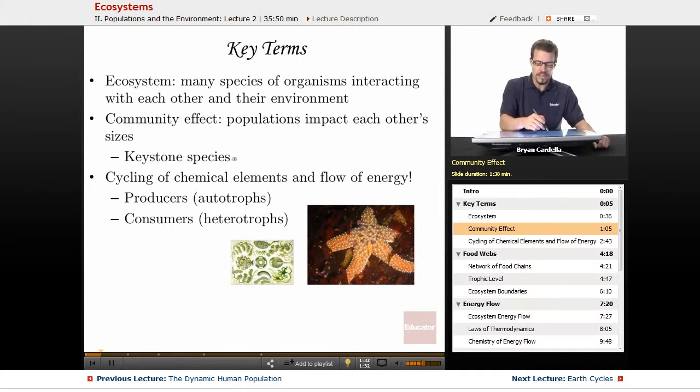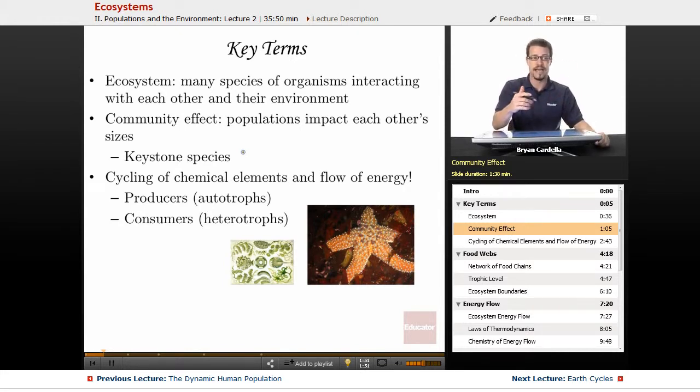So the keystone species may not be the most abundant. It may not have the greatest importance because it is the most numerous of any species. No. It's just that if we were to remove all those individuals from the food web, they would have a disproportionately large impact on the rest.